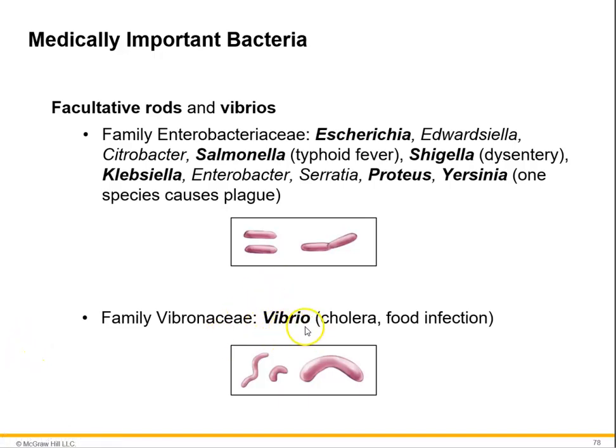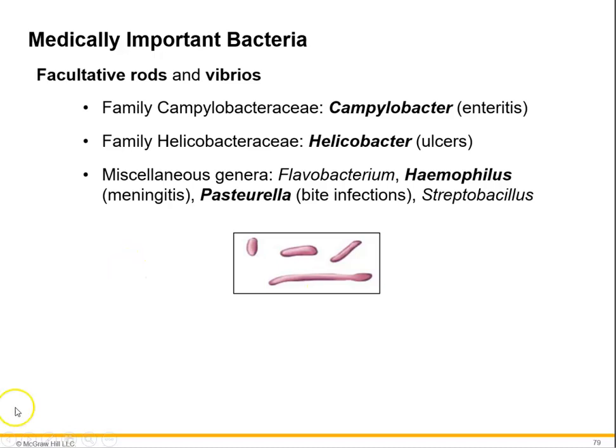Next you have Vibrio. Species in this genus are going to cause cholera and food infections. We'll talk about Campylobacter, which causes gastroenteritis, and Helicobacter, which causes gastric ulcers. It can also cause stomach cancer if left untreated.